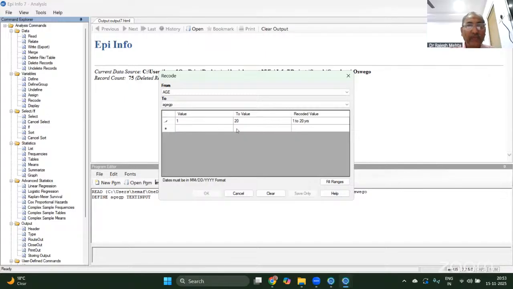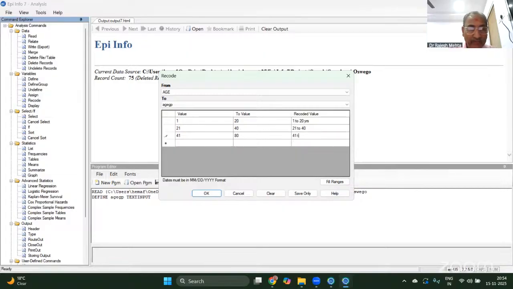Yes, this 21 to 40, 21 to 40. 41 to 80, 41 to 80.